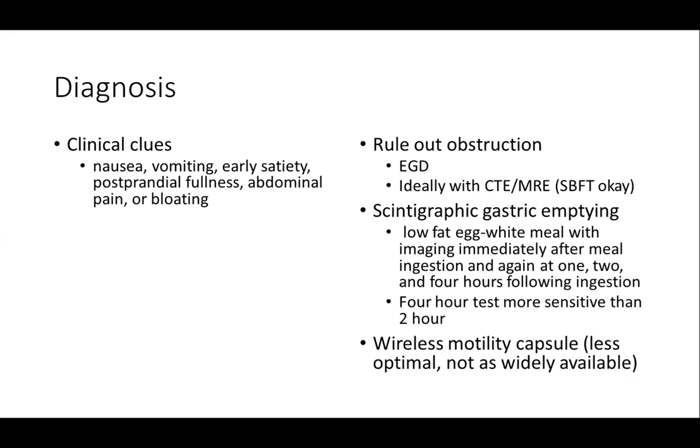If we want to get real specific with it, there are wireless motility capsules. We don't do that here. I don't know if anywhere in Tennessee actually does that. We didn't do it where I trained. I know UNC specializes in motility. They do it there, and some other places offer it at certain tertiary centers. But this is essentially, if you've ever heard of a wireless capsule endoscopy where you swallow a pill, instead of just taking videos, in these particular cases, it measures manometric pressures throughout.